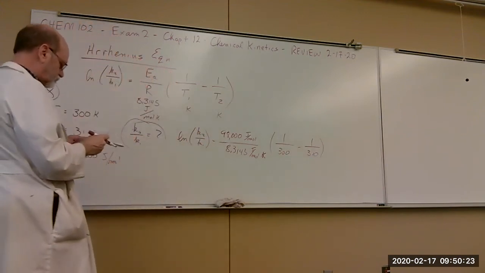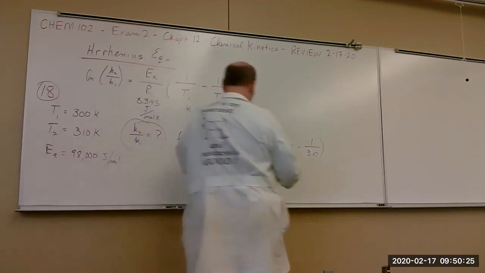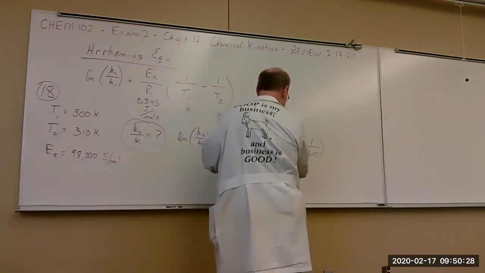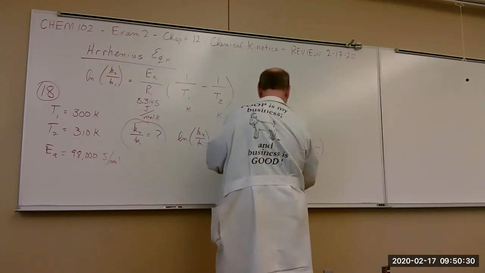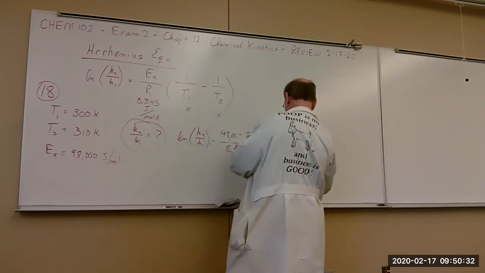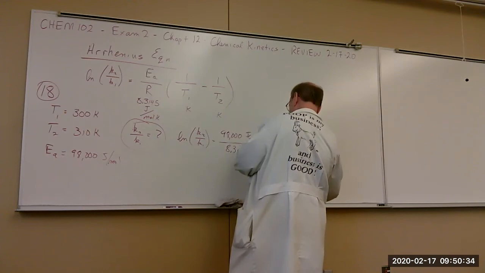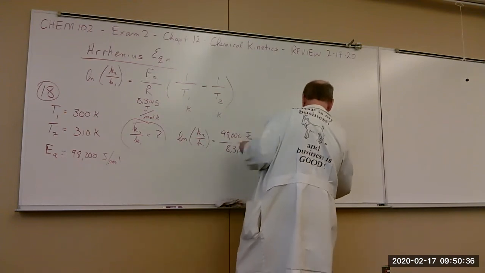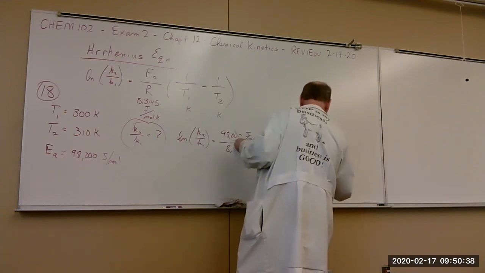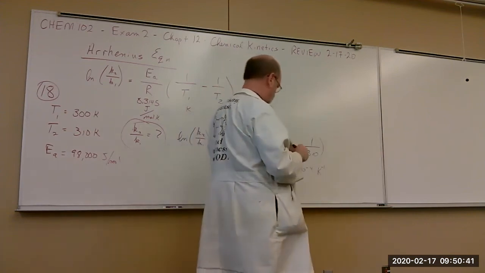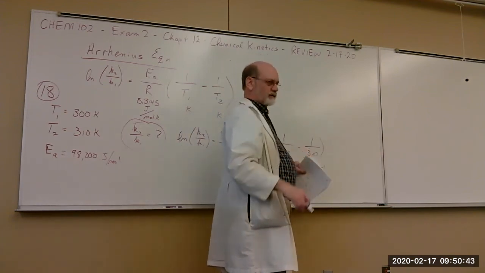Okay? So the inverse of that minus the inverse of that, if I did my calculations correctly, is 1.75 times 10 to the minus 4 reciprocal K's, K to the minus 1. Why?